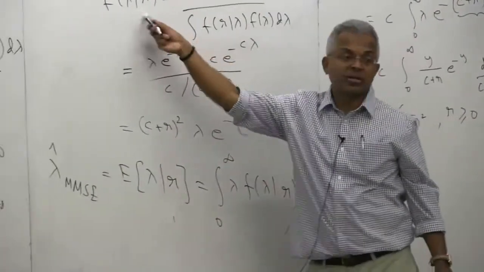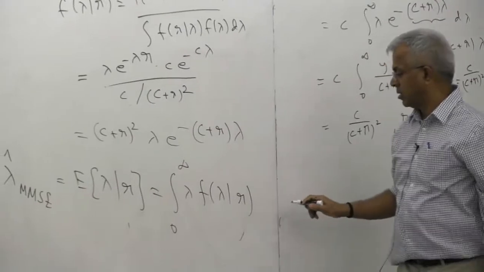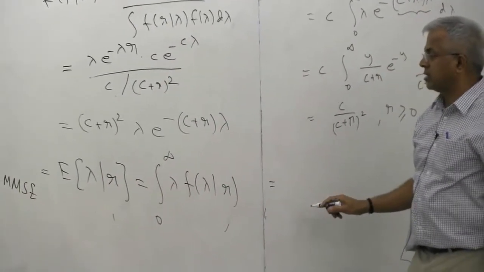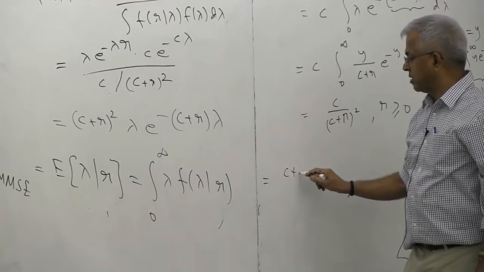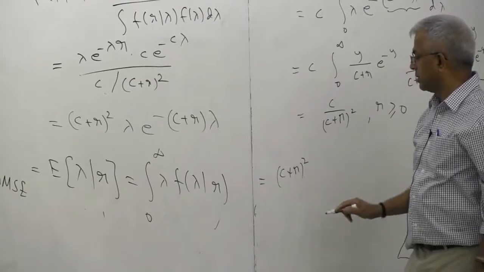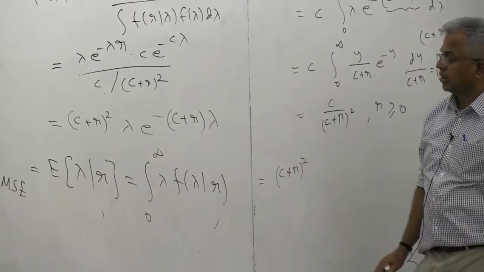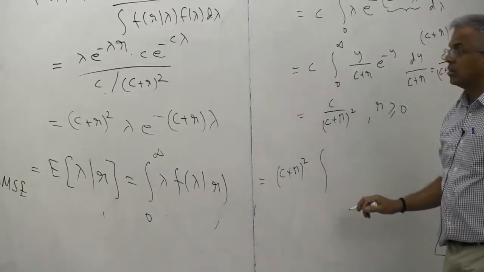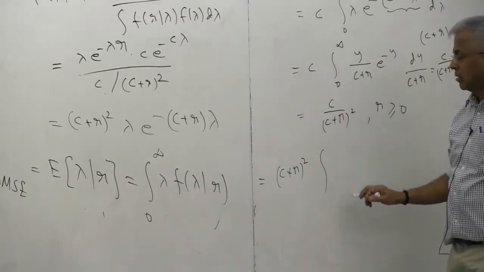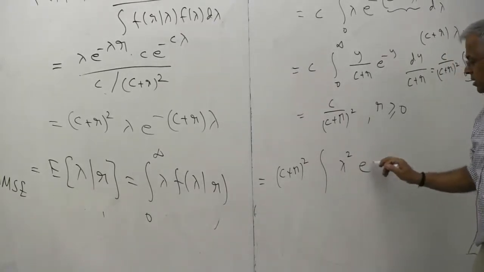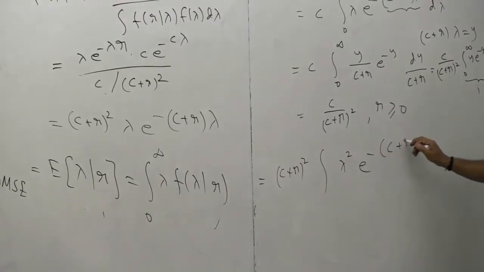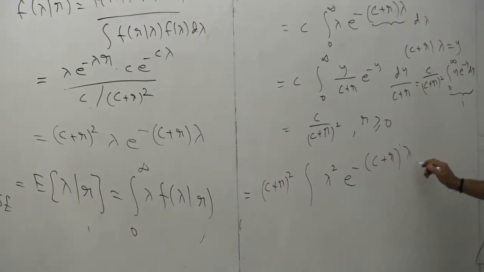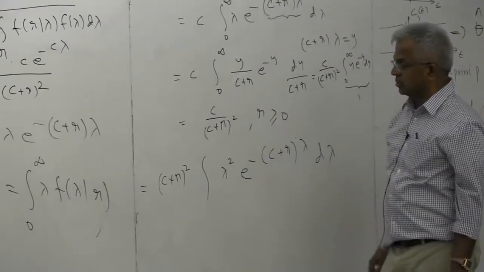F of lambda given r is here. So if I substitute that, c plus r the whole squared, integral lambda squared e raised to minus c plus r multiplied by lambda d lambda.